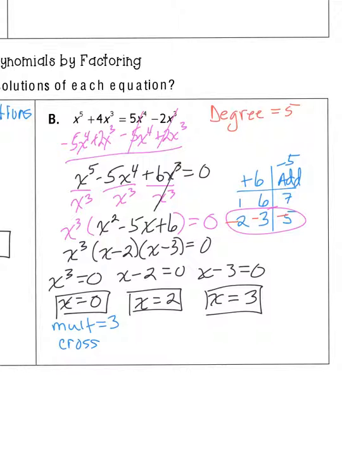Then for x equals 2, this has a multiplicity of 1, and again that's an odd number, so it's going to cross the x-axis. And then this has a multiplicity of 1, and so it will cross the x-axis at 3. And then if you look at these, so I have a multiplicity of 3, then that'll be my 4th one, and my 5th one, there's my 5 solutions.